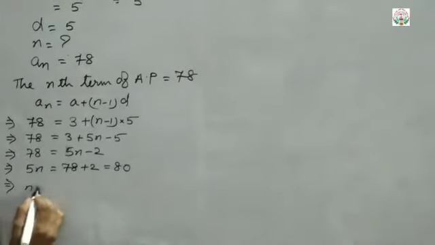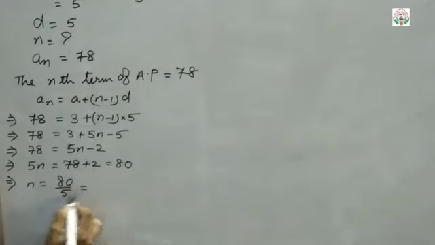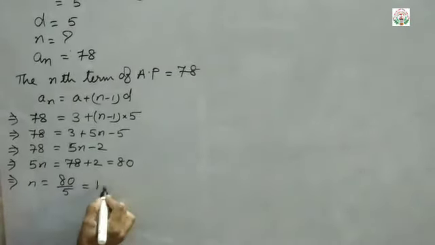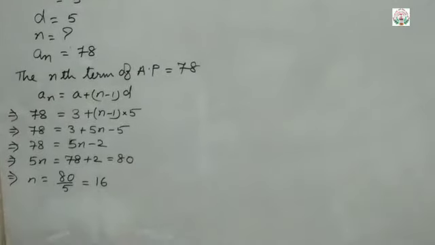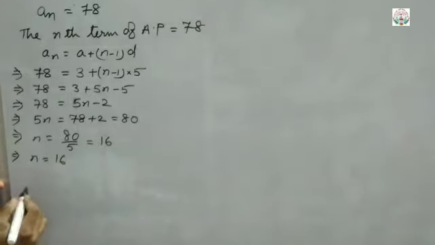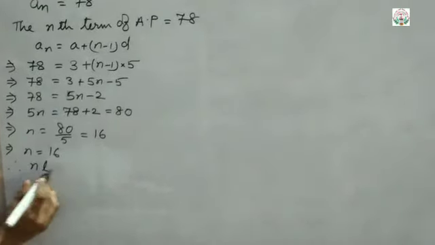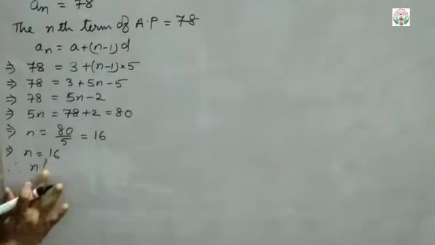So n will be equal to 80 upon 5. On cancelling, 5 ones are 5 and 5 sixes are 30. So n equals 16.